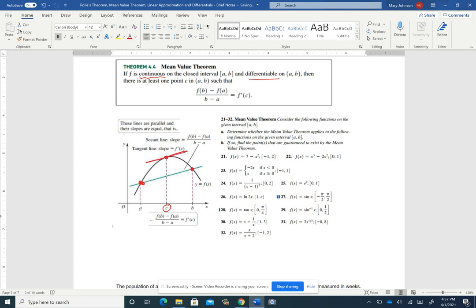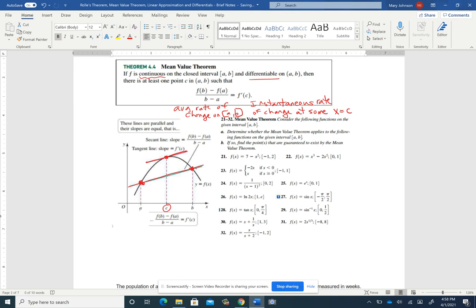So if you have a function that's continuous and differentiable, and you select an interval from a to b, then the average rate of change on ab is going to equal the instantaneous rate of change at some spot, some number, and that's what they're calling the c. Okay, so that's all it says.